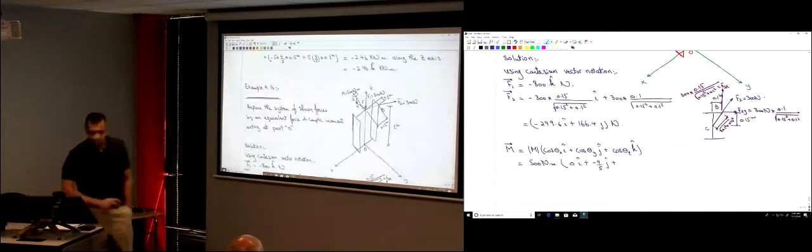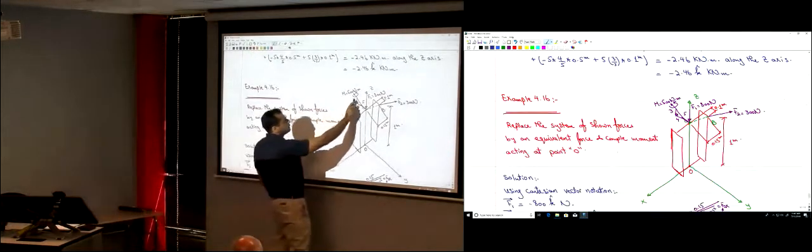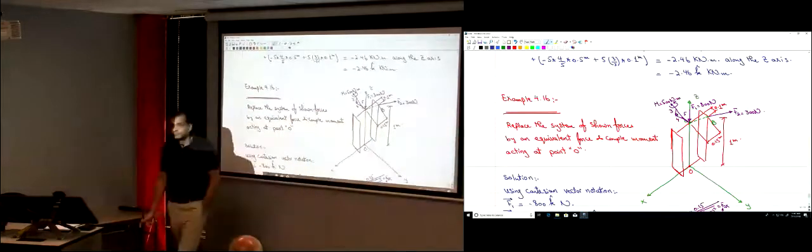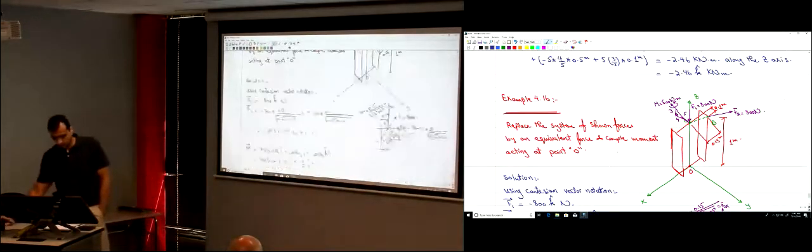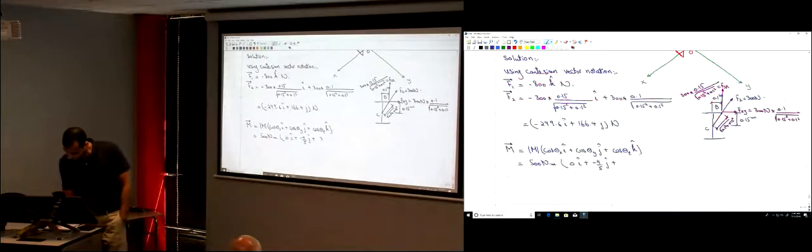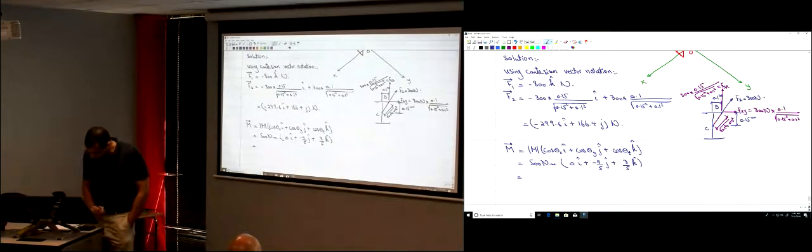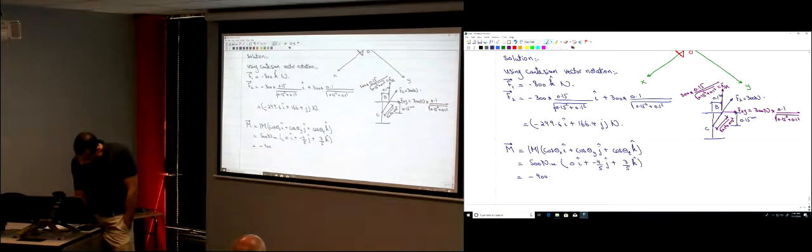And in z, 3 over 5. Okay? So doing those multiplications, it's negative 400 j plus 300 k Newton meters.